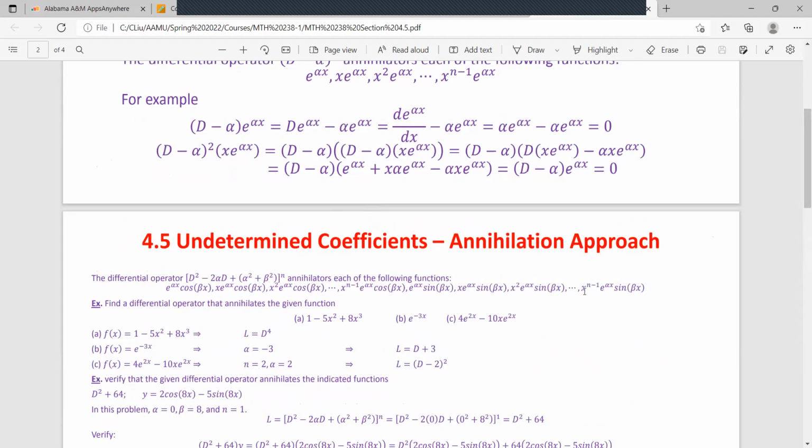We don't have any polynomial in this function. We just have a cosine and sine function on the right hand side. So n equals 1, alpha equal to 0, and beta equal to 1. Just compare the functions we have with those functions.